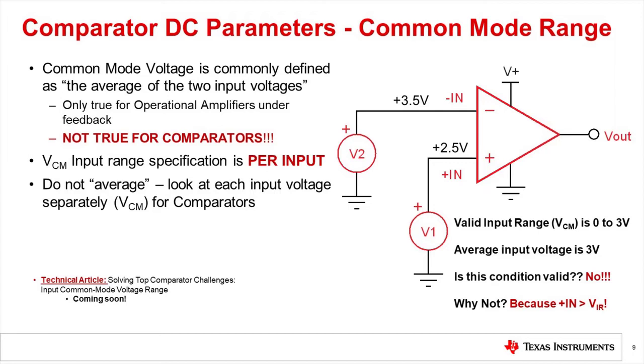The 3.5 volts is violating this input range, because it's outside of that 0 to 3 volts range, and therefore your output condition may be invalid. So when you're working with comparators, do not average the comparator input values. You want to look at each input individually and ensure that they're both within the specified input range limits.